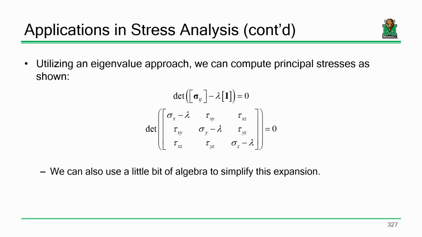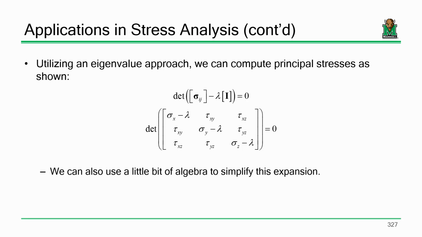So we go through the same process that we use for an eigenvalue problem. We take this stress tensor and determine the determinant of this matrix. Those unknown lambda values will yield, lo and behold, our principal stresses.